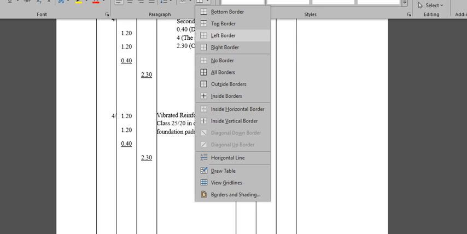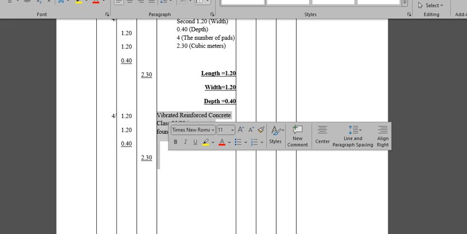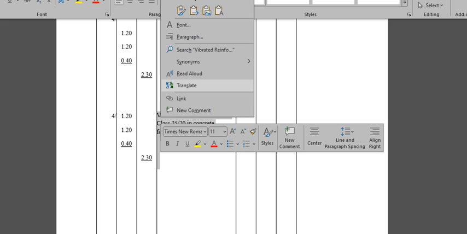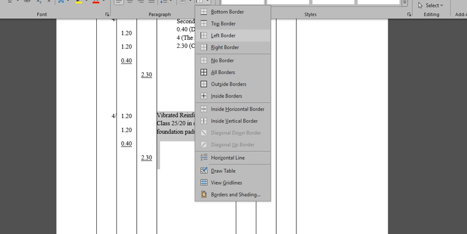Of course, we can talk about another thick border here. Let's see the options that we have, but we just need to see how to bring a line over there.